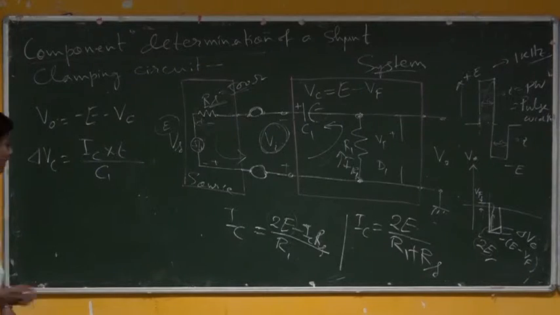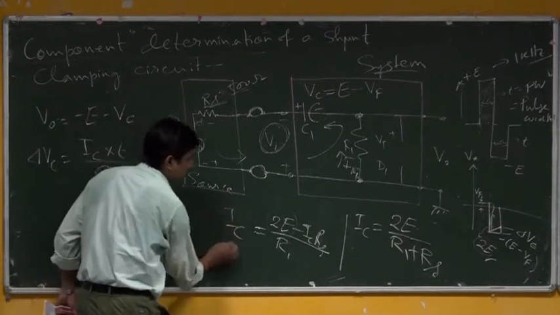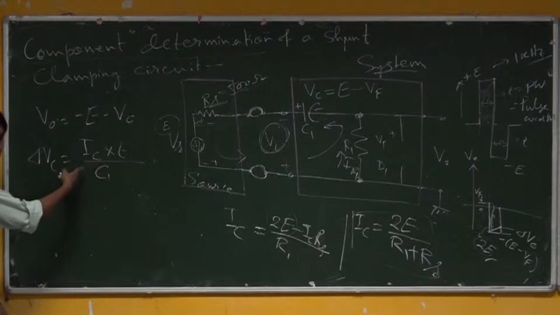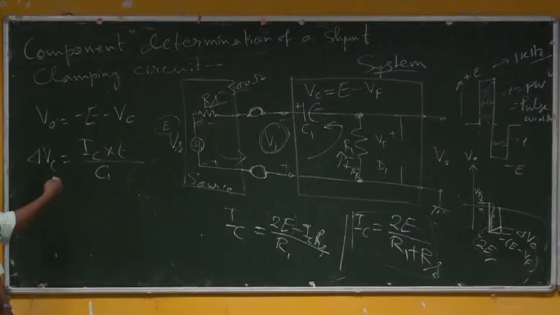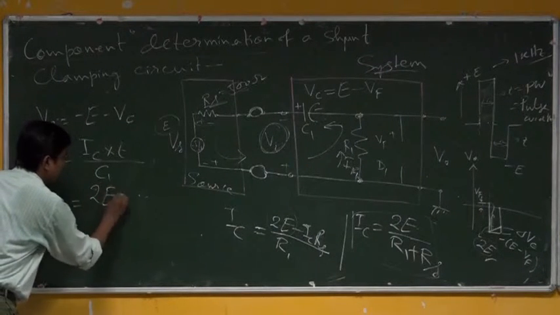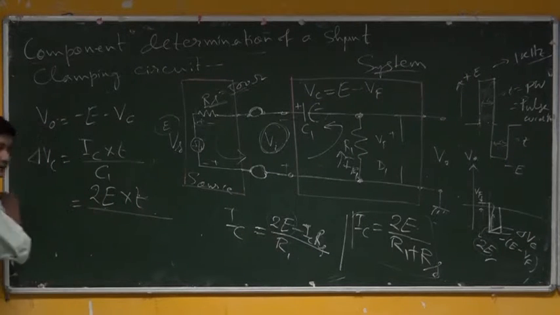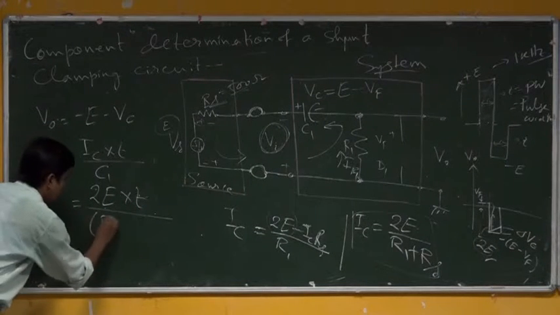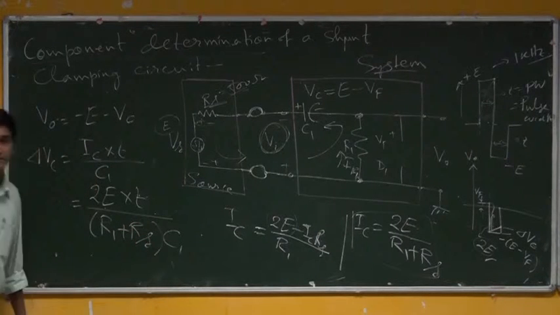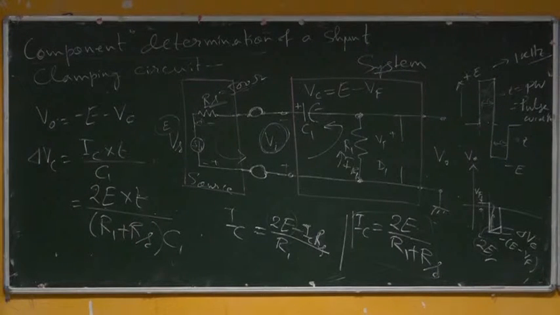Okay. Now I would like to take this expression of Ic in this equation. So how does it come out? Then the equation becomes 2E into T by R1 plus Rs into C1. This is the new equation we have found today.